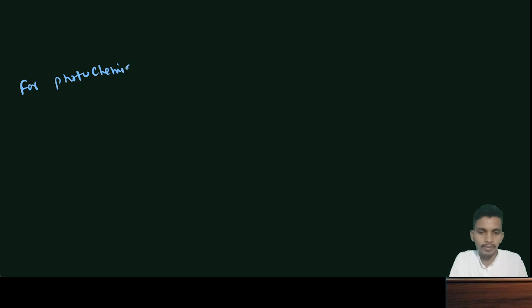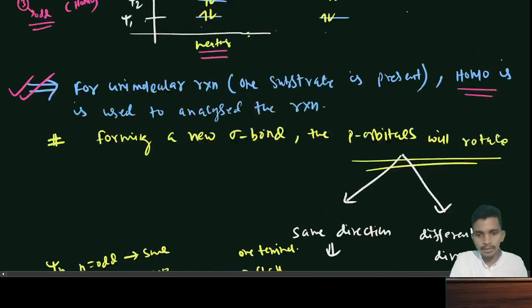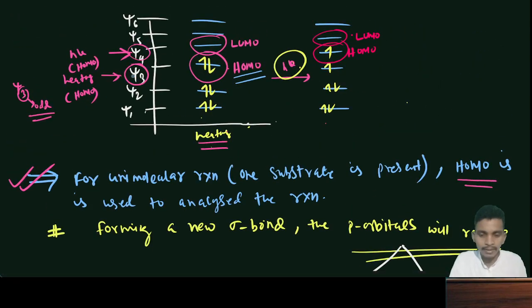Now for photochemical conditions, that is h nu, the HOMO is psi 4, because you see here that for heating the HOMO is psi 3, but for photochemical conditions the HOMO is changed to psi 4.